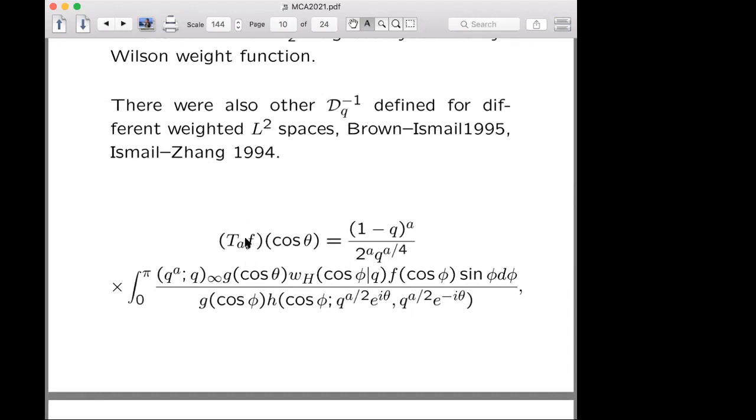And the adjoint of that is very easy. All you do is that this g that depends on x goes down, and this g that depends on y goes up. So that's what the adjoint is. The adjoint now is in a space with this weight function, the weight function for the q-Hermite. Okay, so we computed this one, and its adjoint.